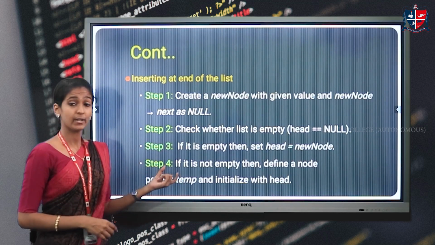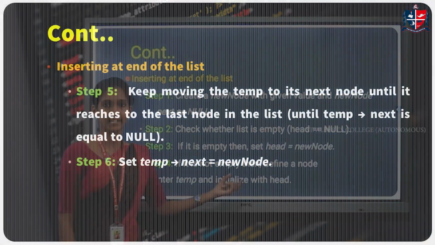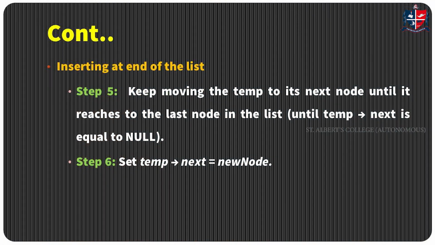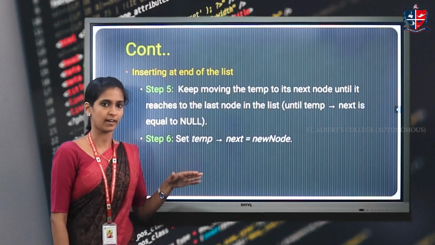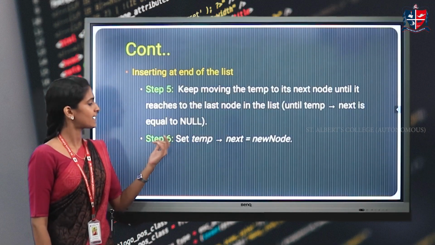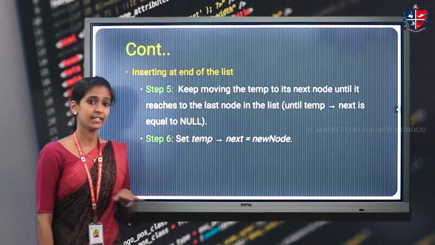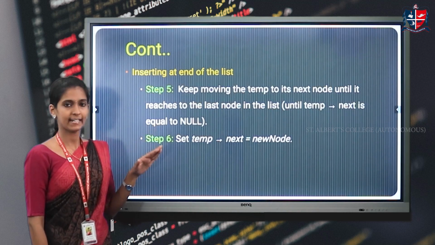So you define a node pointer called temp, initialize it with head, and keep on moving temp until temp's next is equal to null. Then there we get the last node. Now simply assign temp's next is equal to new node, and the insertion at the end is over.